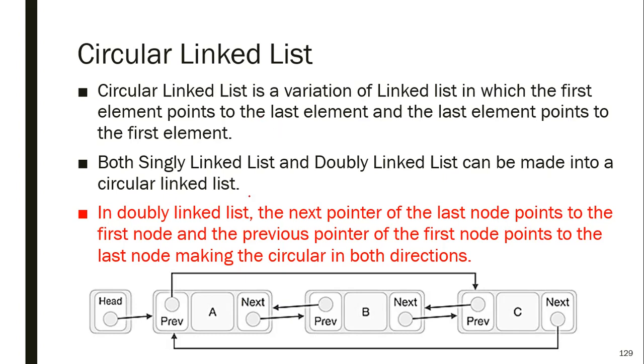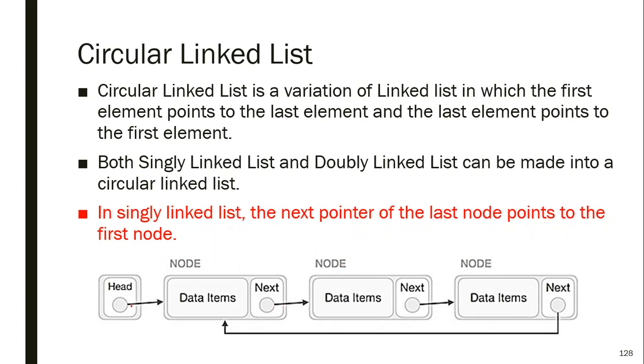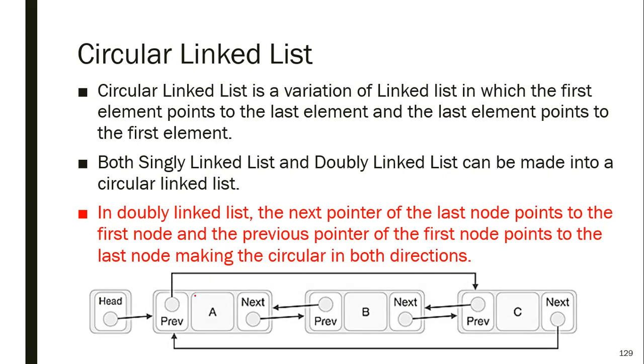So how can you know which is the first one in both cases? Head will always be pointing towards the first element, and if any node, in other words current node dot next, is head, it means that is the last one. So you can indicate which is the last one and which is the first one, so it will not be a problem.